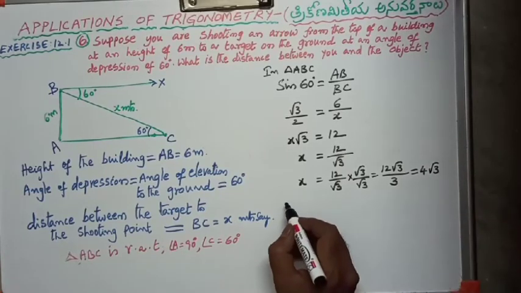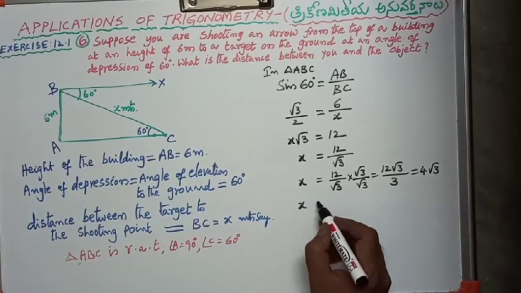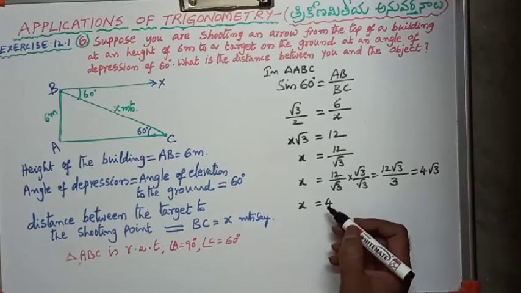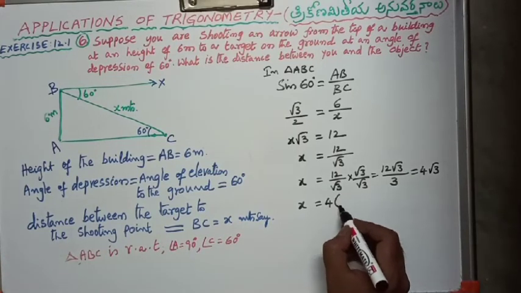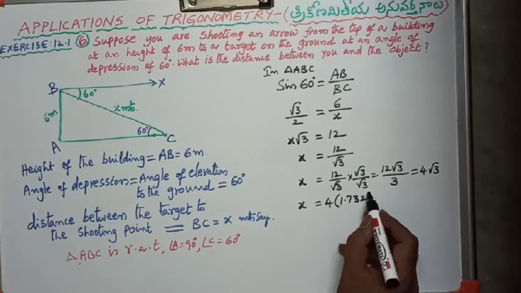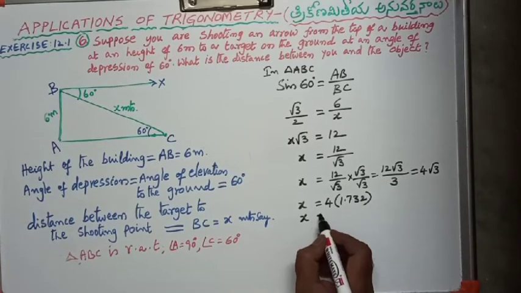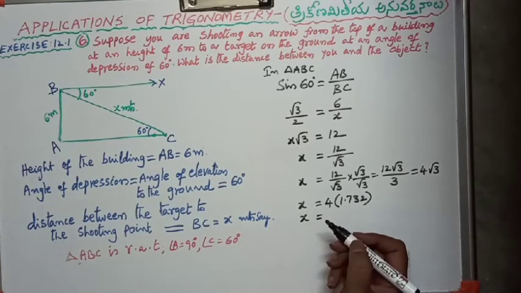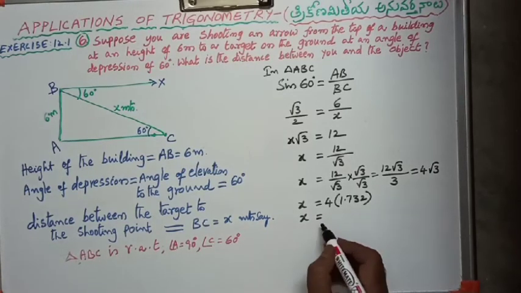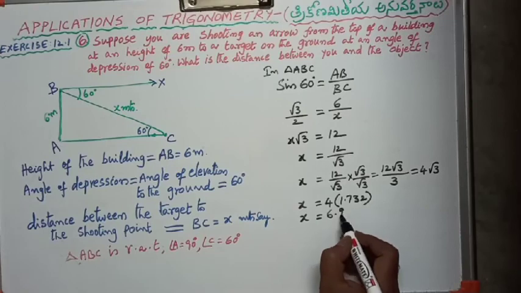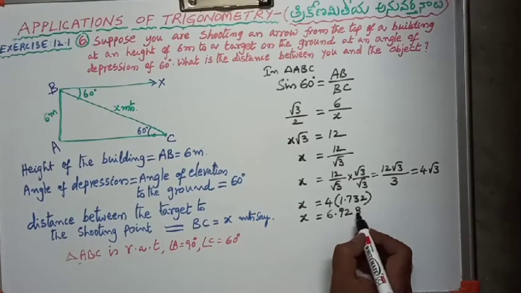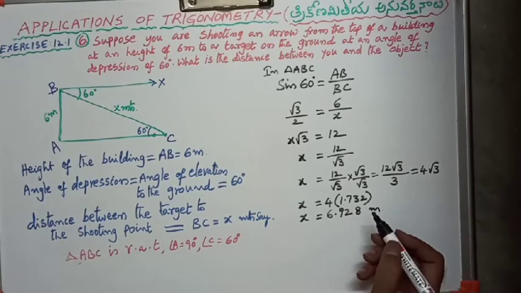Therefore X is equal to 4 into the value of root 3, which is 1.732. Now you multiply these two, you will get 6.928 meters.